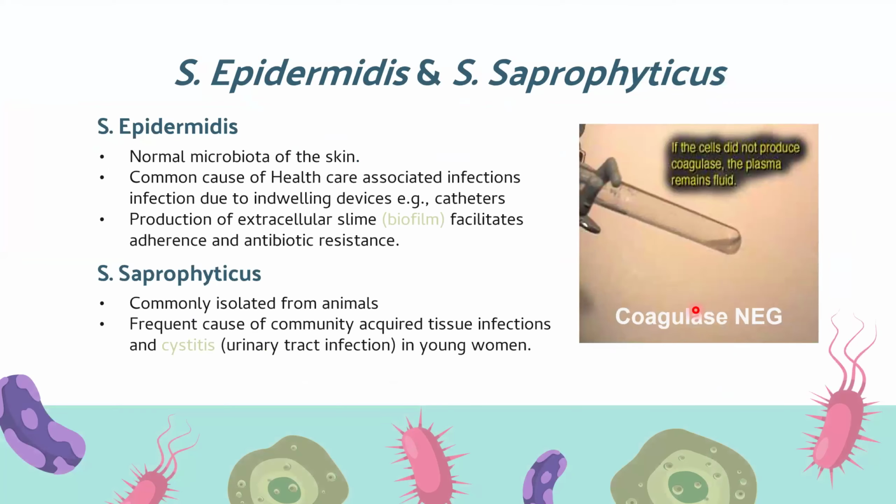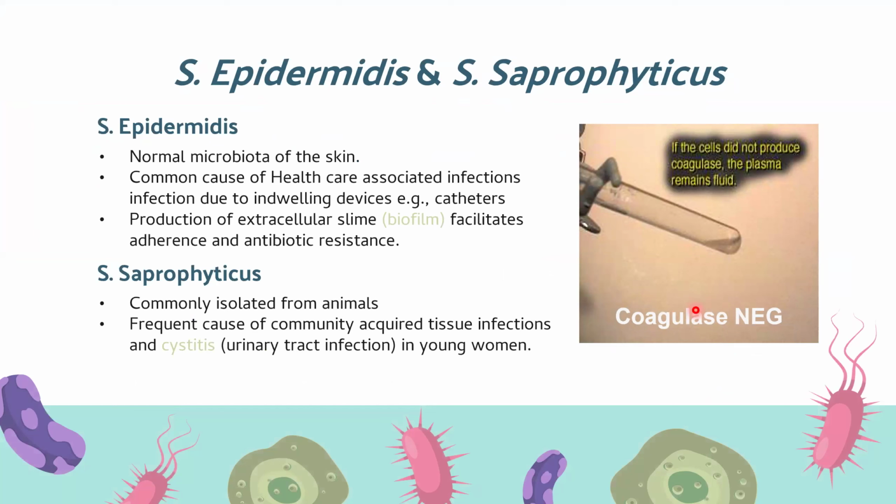Staph epidermidis, from its name, epidermis, is normal microbiota of the skin. But what I want you guys to imagine is, let's say that during a surgery, before they were to insert a catheter, before they were to insert an IV line, before they were to insert anything, they did not clean the skin properly.